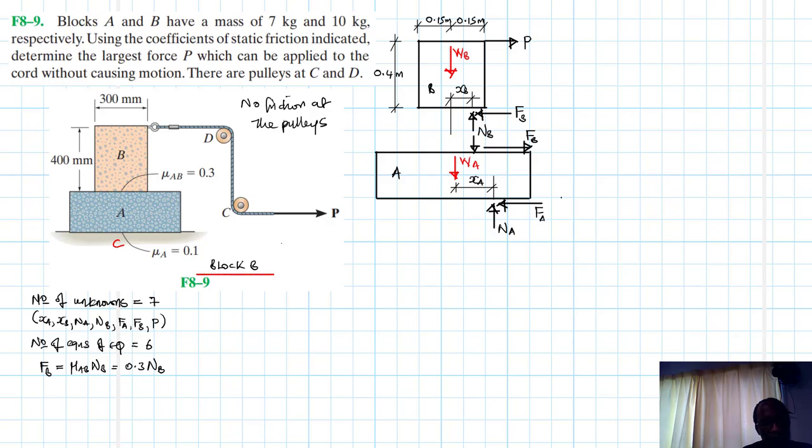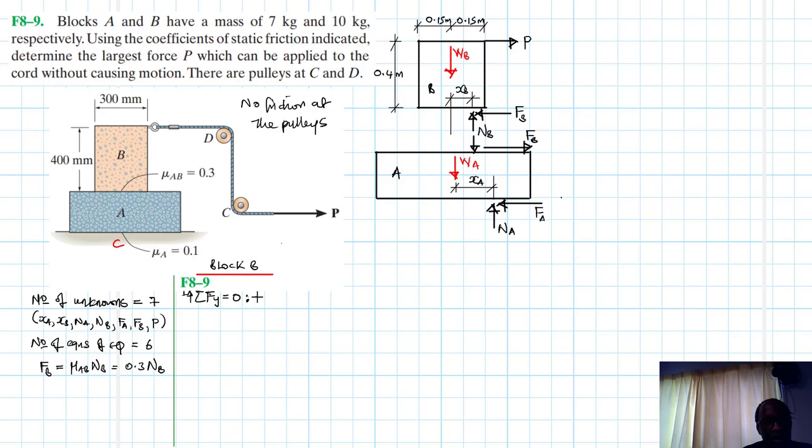Okay, let's apply the equations of equilibrium. So say summation of forces in the y equal to 0, going up in our reference. Let me just create a boundary there. Alright, what do we have?